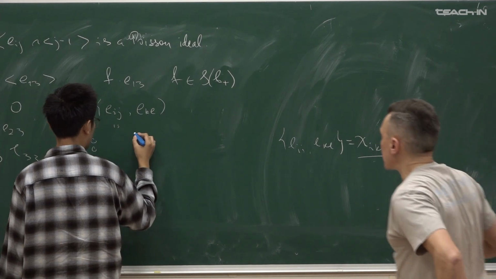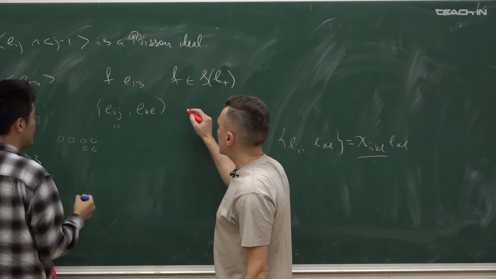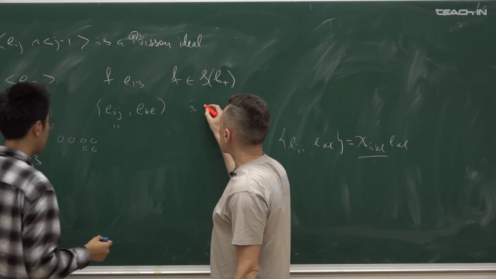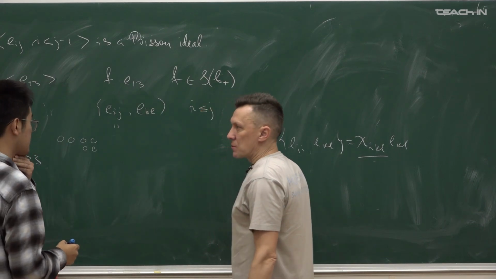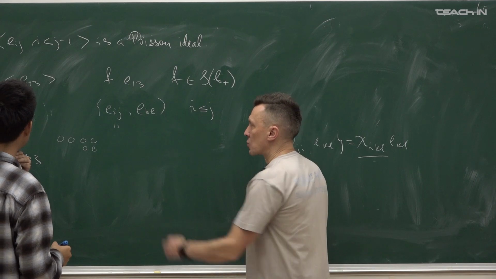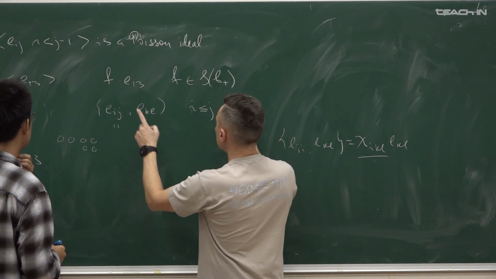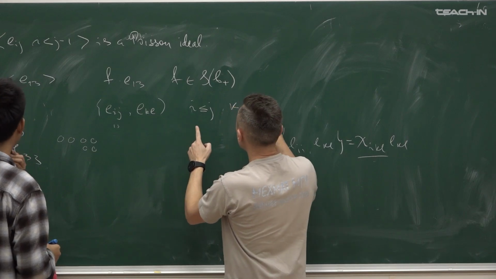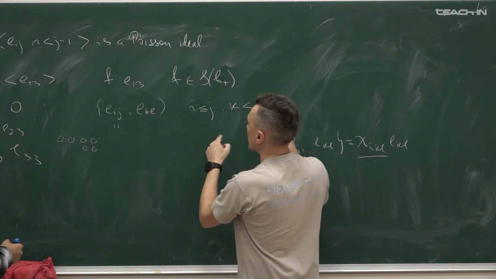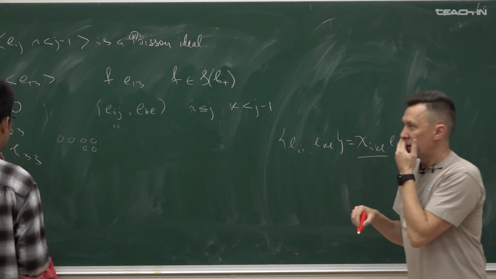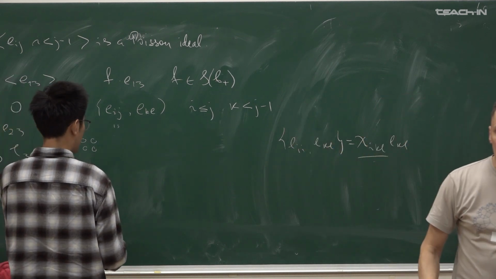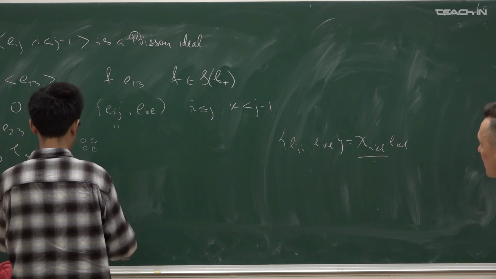I have a simplification for you. So we suppose that i is less or equal to j. So it's a general element, and this element is from the ideal. And k is less than l minus 1. What is the commutator?